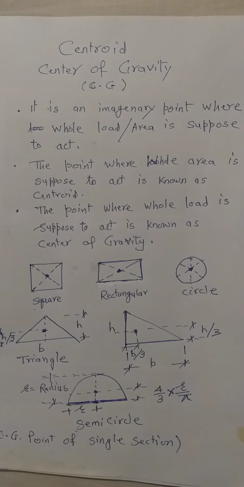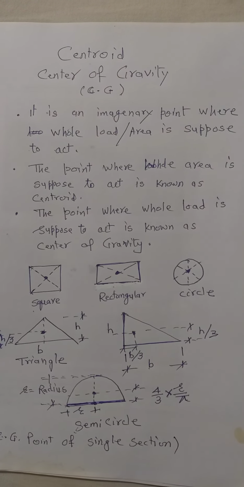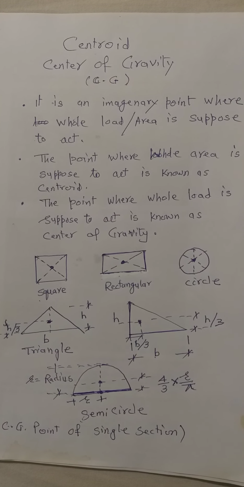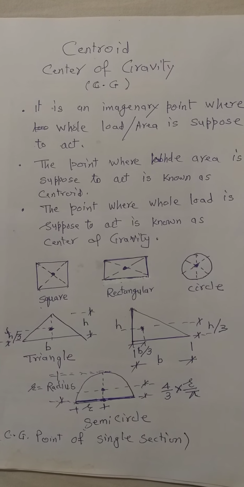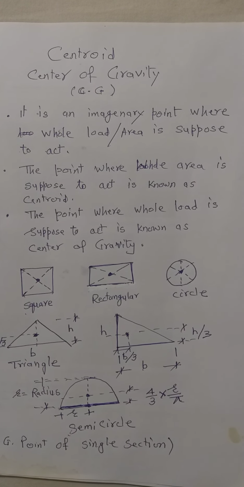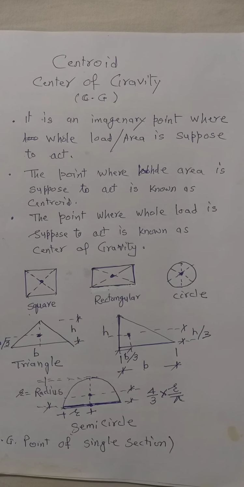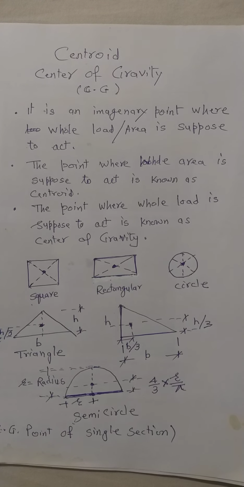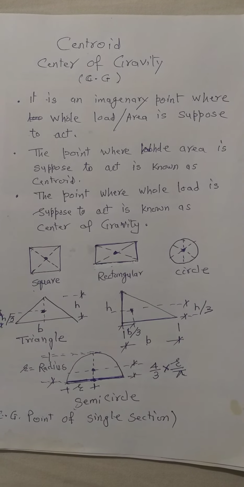Today we are going to discuss something about the centroid, or we can call it center of gravity. What is centroid or what is center of gravity? It is an imaginary point where the whole area or whole load is supposed to act.